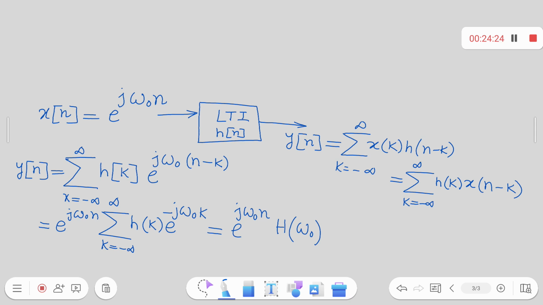But suppose I would like to represent my signal, not as a summation of the delta function that we have done for the last few classes. Rather, now I would like to observe the signal from a different perspective. I have noticed that if I represent the signal as a single complex sinusoid, then it is very easy for me to calculate the output signal. So therefore, let us try to represent any arbitrary signal as a summation of weighted complex sinusoids.